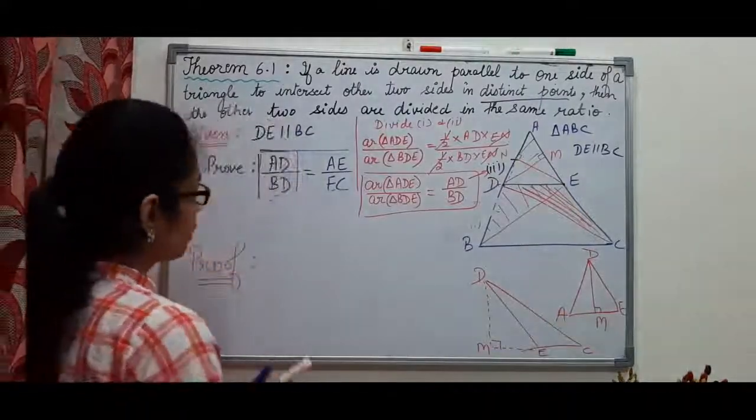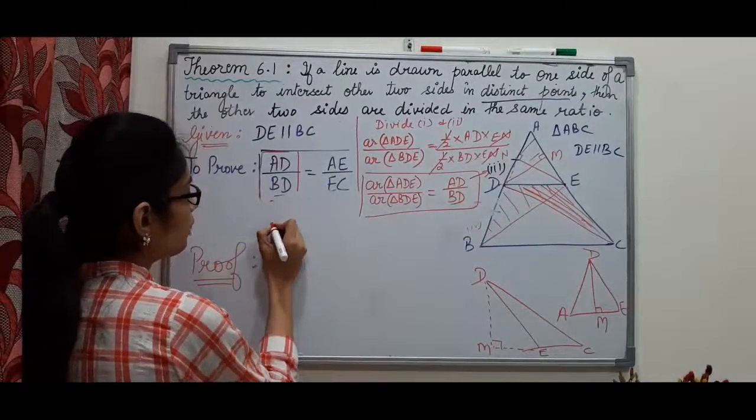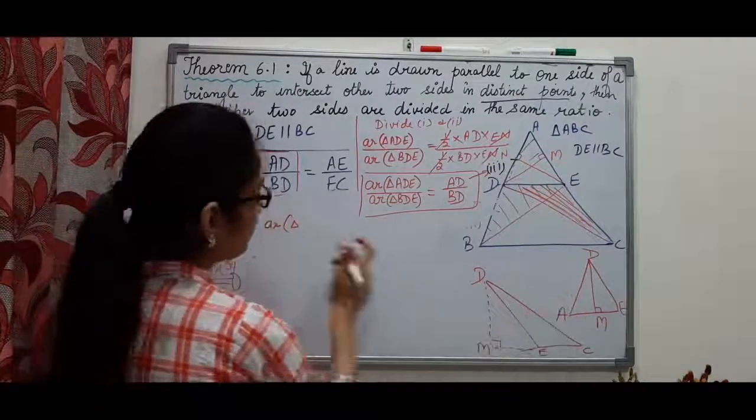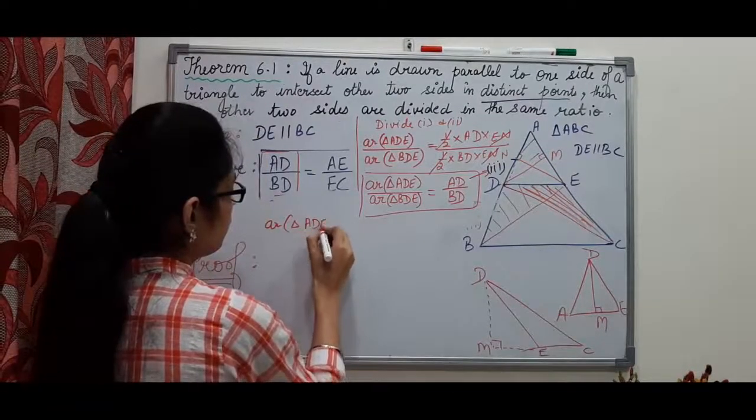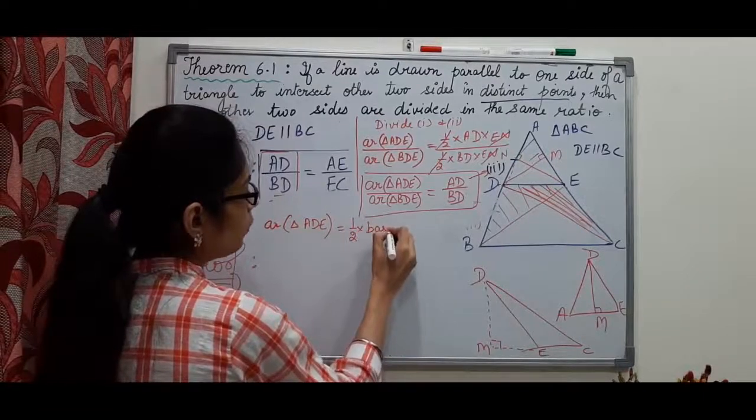Now let's do it. We'll start the same way we started earlier. First we'll choose the area of triangle ADE. This is half into base into altitude.